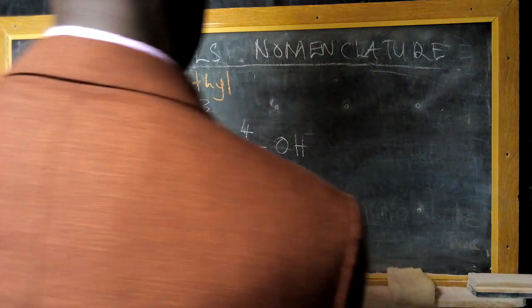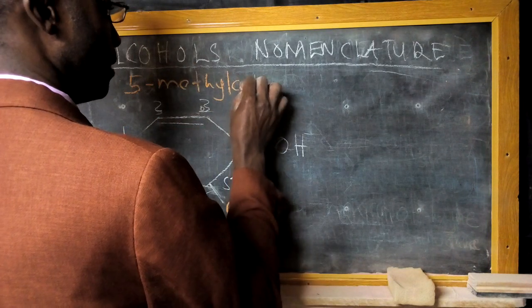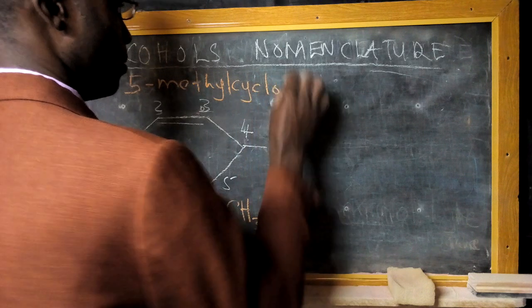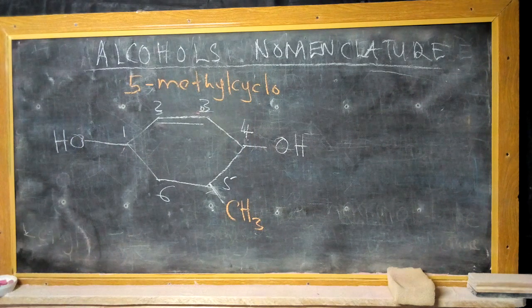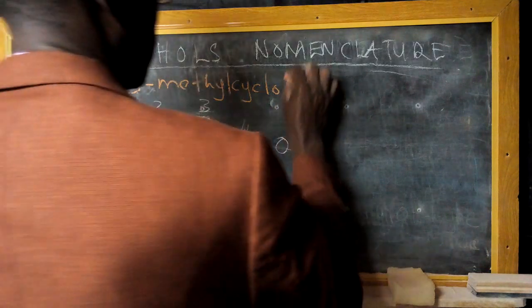So for the parent name, we said this is a cyclic compound, so we shall write 5-methylcyclo. It's a 6-member, so we write hex.